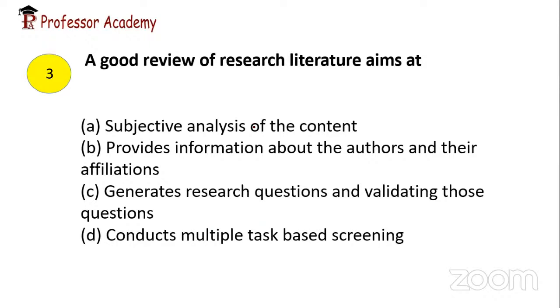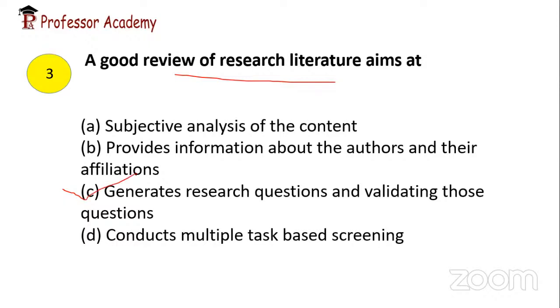A good literature review does a bit of everything: it helps with subjective analysis and provides information about the previous authors who have already done work in the area. But the optimal answer is that it generates research questions and validates those questions.